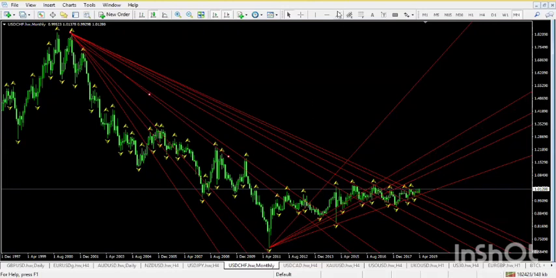I'm going to connect it to this one here. And the price has had a decline here in this crossover, and you have to adjust them because we're in a longer time frame.